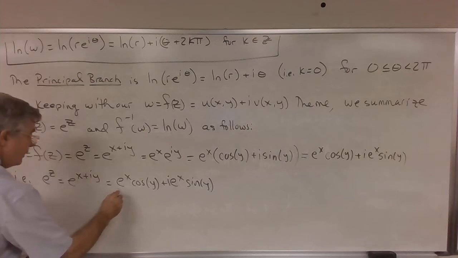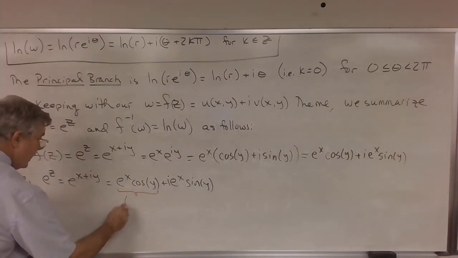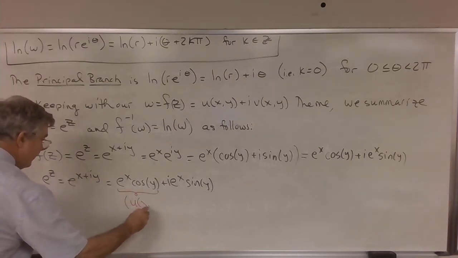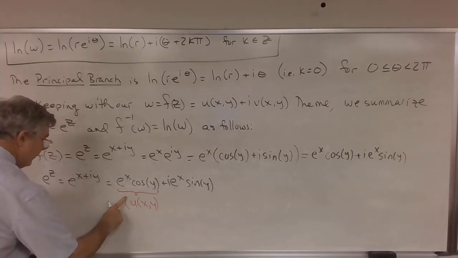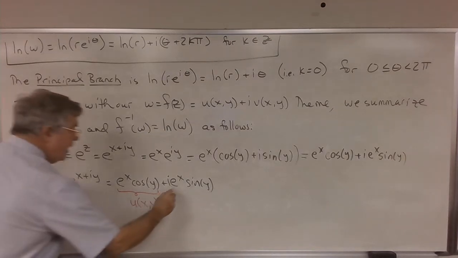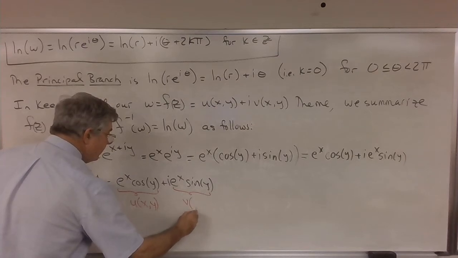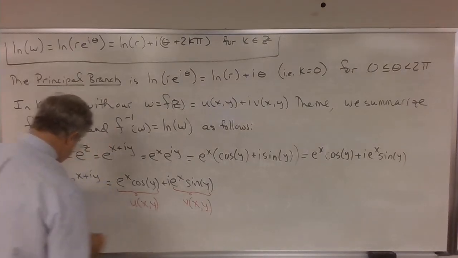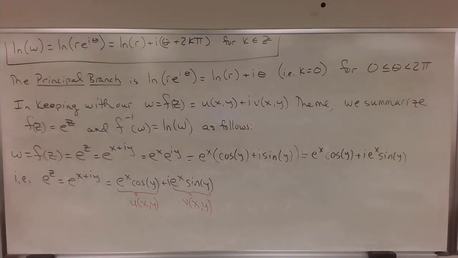So this is our u of x and y. And this much is our v of x and y. Now we also want to do the same thing for the natural log function.